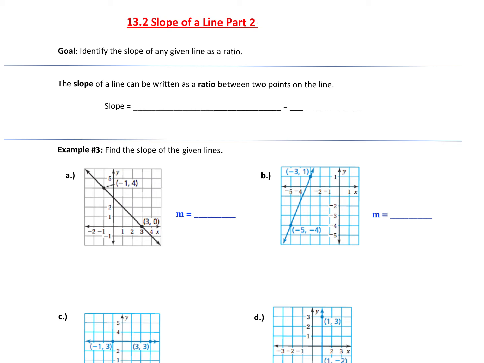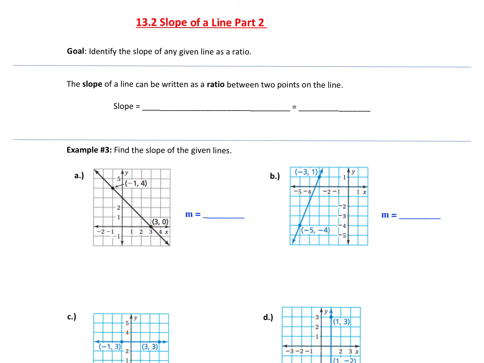So the slope is the change in y over the change in x. All right, and we'll talk about that quite a bit in this one, but another way to describe it is the rise over the run.